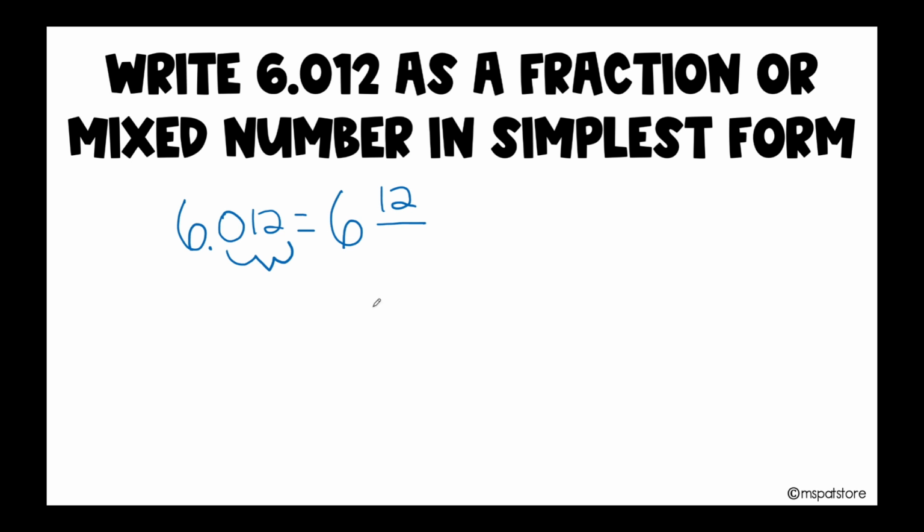And the denominator will be the place value where my last digit is standing. So this is tenth, hundredth, thousandth. So my denominator will be 1,000. As you can see, I need to simplify this fraction, so I will divide it by 4. 12 divided by 4, 1,000 divided by 4. This is equal to 6 and 3 out of 250.